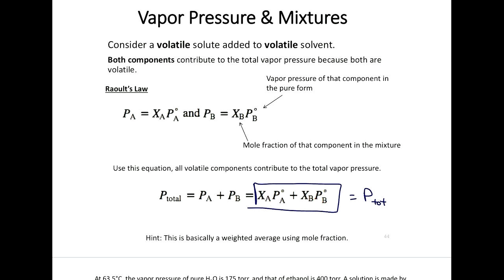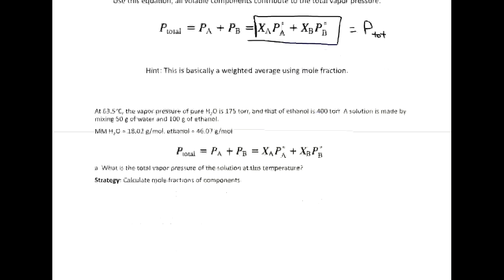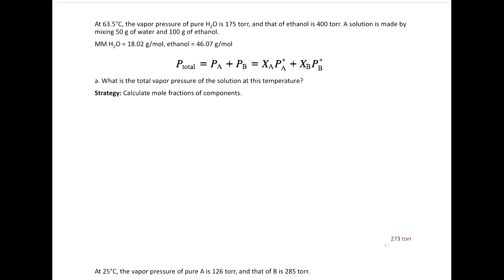I like to think of this like weighted averages, where there are multiple components and you have to consider the percentages of both, but this time we're using mole fraction instead of percent abundances, right? So in this example, how it's different from our previous one is that both components exert a vapor pressure. All right, so let's do this calculation.